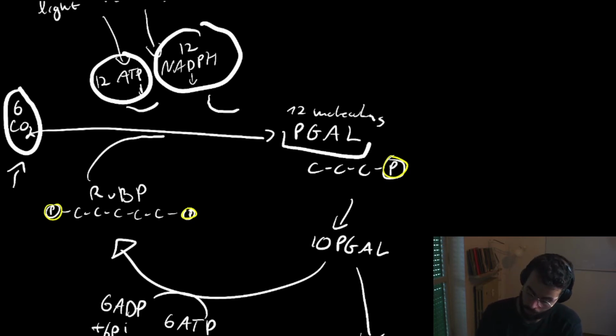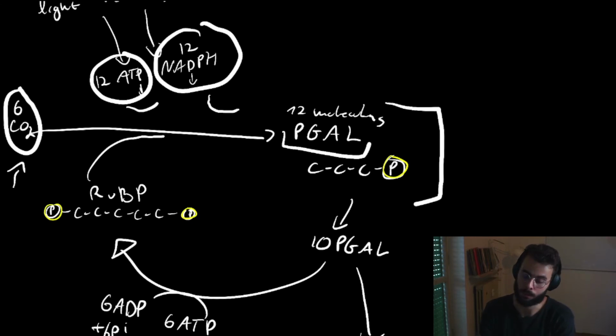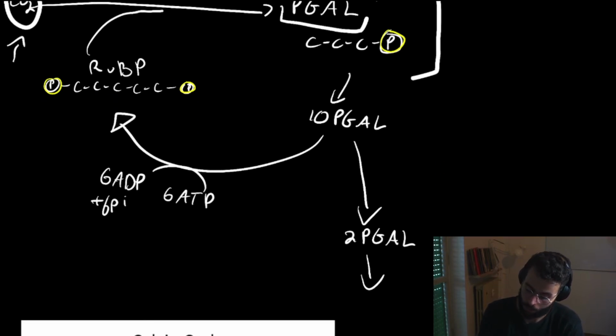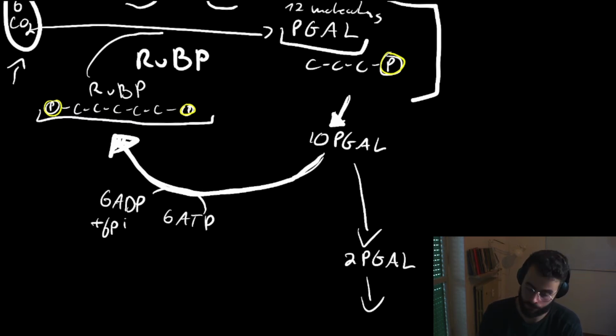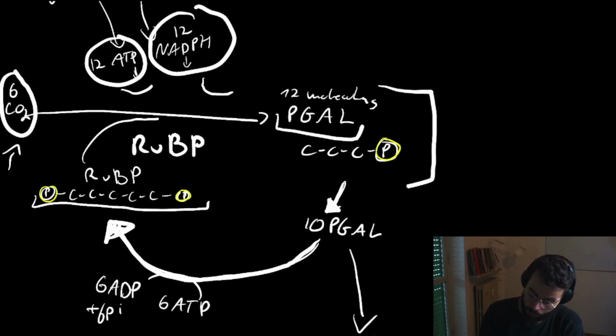Now these 12 molecules are going to be divided into two groups. We're going to have 10 molecules of the pGAL, which are going to continue the cycle. And these 10 molecules are going to become something called RuBP, or ribulose bisphosphate. Ribulose bisphosphate is the last product of the Kelvin cycle, and it's the product that is going to get the carbon dioxide once again.